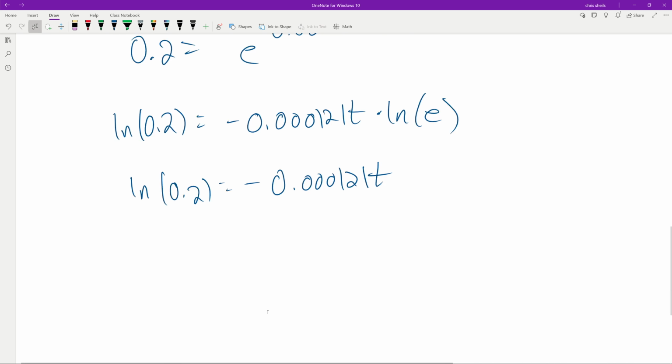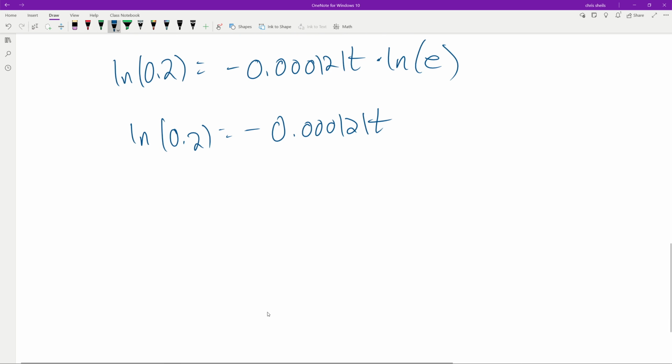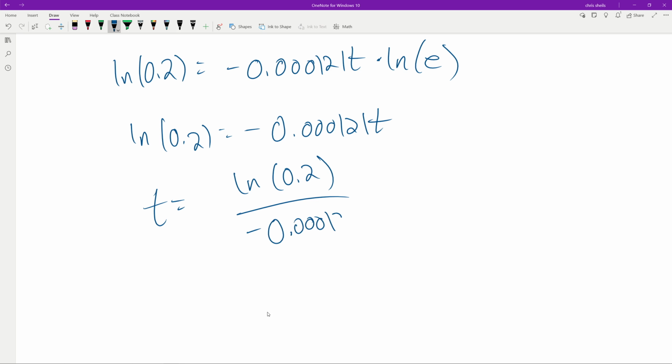And I solve for t by dividing both sides by negative 0.000121, to get that t is natural log of 0.2 divided by negative 0.000121. And this gives us about 13,301 years. This is about how old that bone fragment is. And this is it for the half-life portion of this lesson.